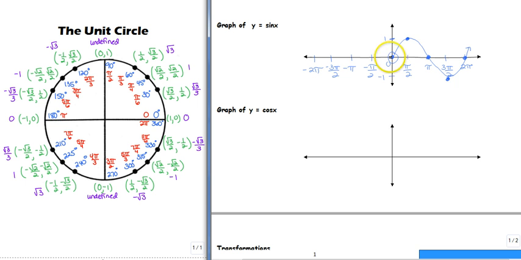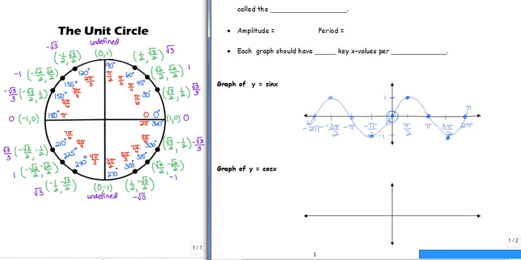So I'm always going to go up, down, down, up. So if I go in the other direction, I've got to go down, up, down. I want to make sure that it's always going to follow the same wave pattern. And this is my starting point. I'm always going to circle where my starting point is. So now that we've seen that sine graph, let's go ahead and go back and look at our terminology.